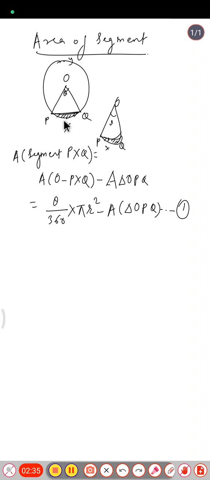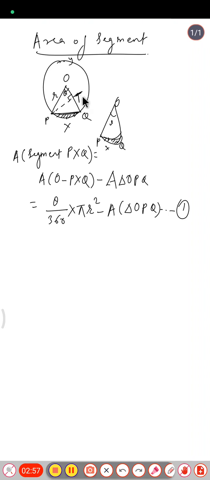In the given figure you can see we have to draw a PT which is perpendicular on segment OQ, having a 90-degree angle. Here it's point T, right. So OP is nothing but the radius, clear.